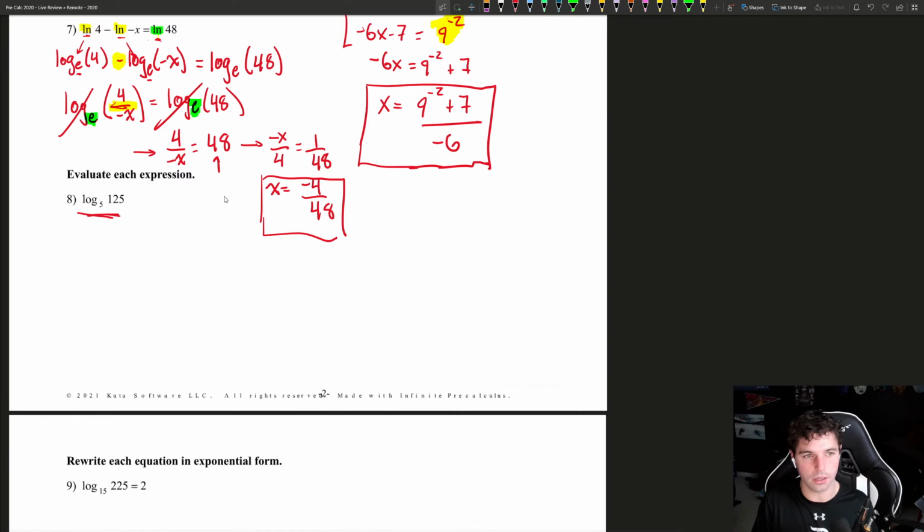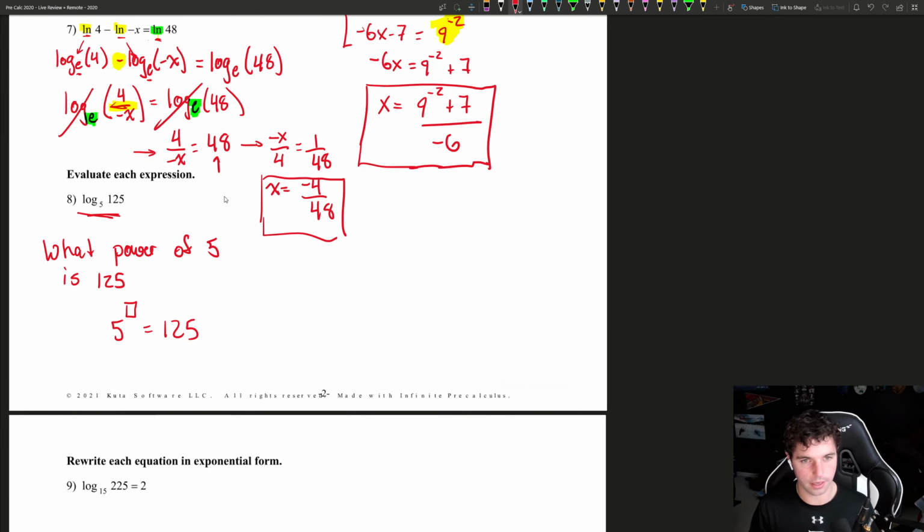This here, log base 5 of 125, is asking what power of 5 is 125. Right, so 5 to some power is equal to 125. And you could do this just by guess and check, right?